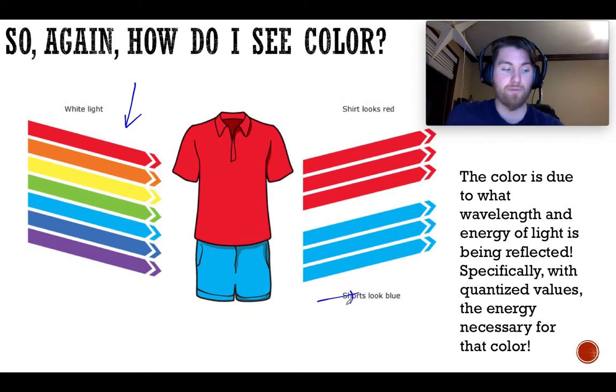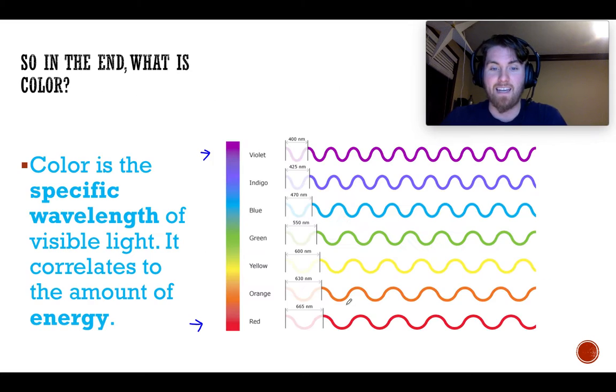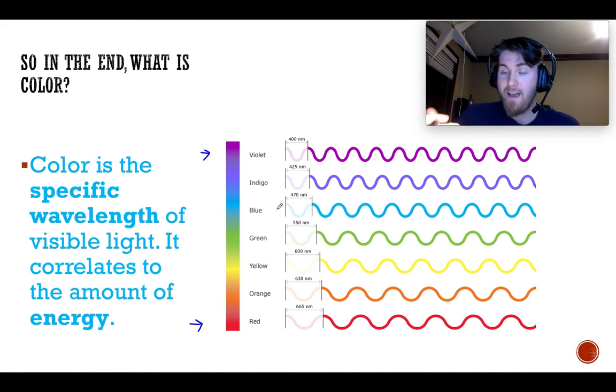So my navy blue shirt, my blue phone, all of these are sending back energies of around, I would say, 400 nanometers? Something of the sort. That's how you see and interact with light.